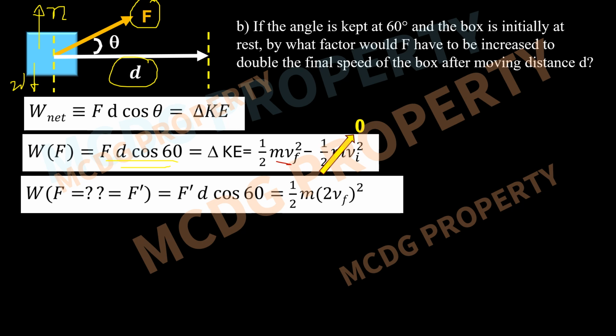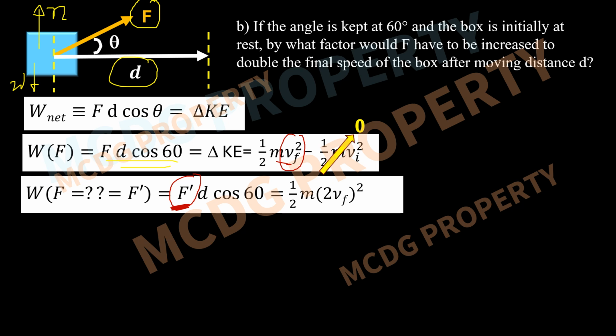So let us now write the expression for the work done by the new force F prime in terms of the kinetic energy of the box. What you're being asked for is by what factor you should increase F prime so that the final speed of the box will double.